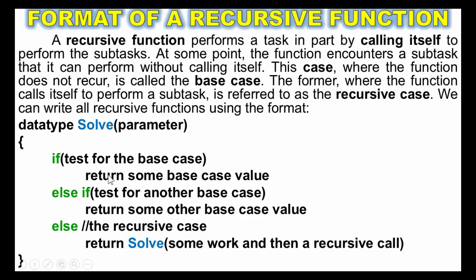If test for the base case, then return some base case value. Else if test for another base case, return some other base case value. Else return, and then we call again itself, the name of the recursive function solve, and then pass some arguments, some work, and then the recursive call.